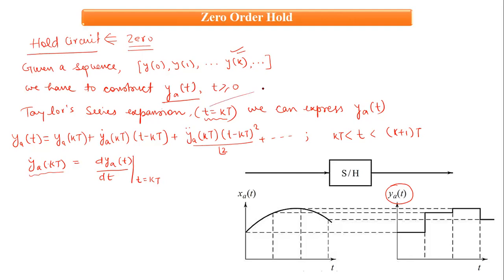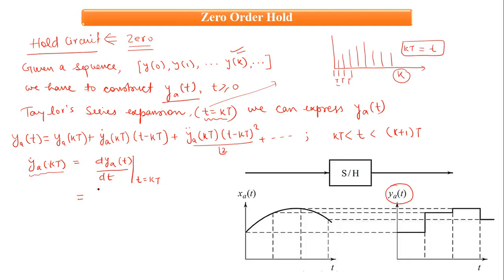That means the whole time period has been divided into k samples, each of time period T. Every successive sample has the same time period T, so k into T gives you the whole time period for which the signal exists.